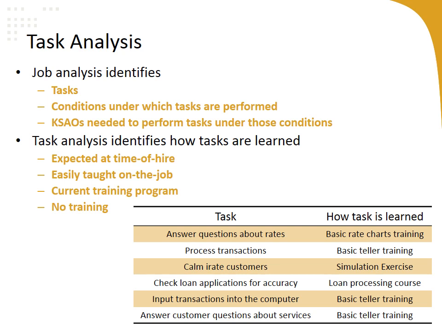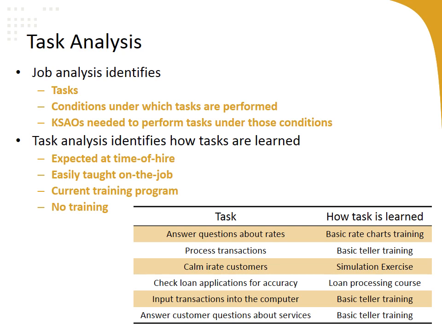Also, task analysis helps identify how tasks are learned so you can target training to the tasks that are most appropriate for that type of training. Not only do you want to think about the different types of training, but also if training is something that's appropriate at all. And you also want to consider, are there some things that we expected employees to come to the job with, expected at the time of hire?